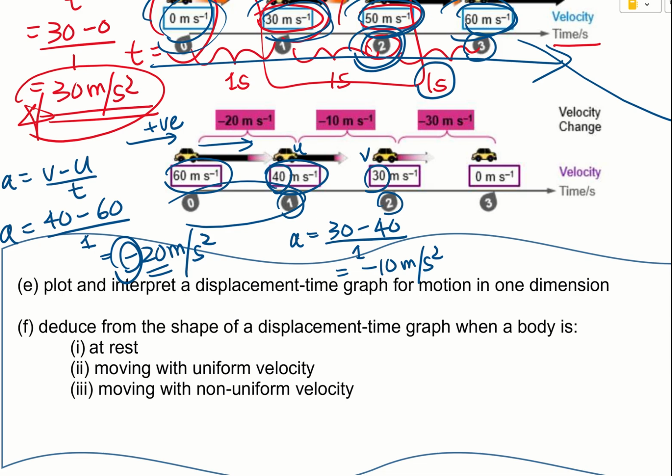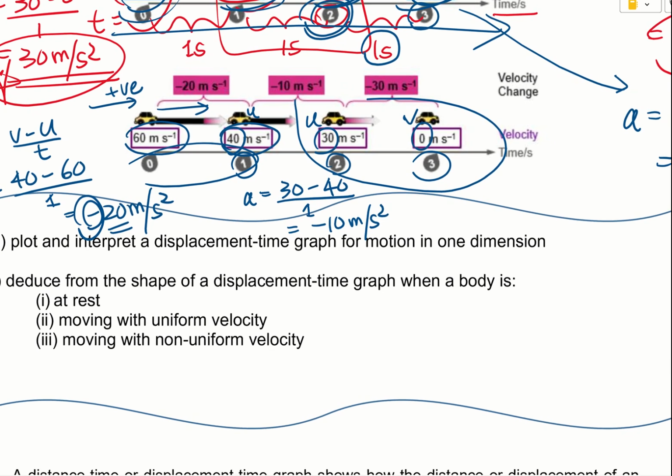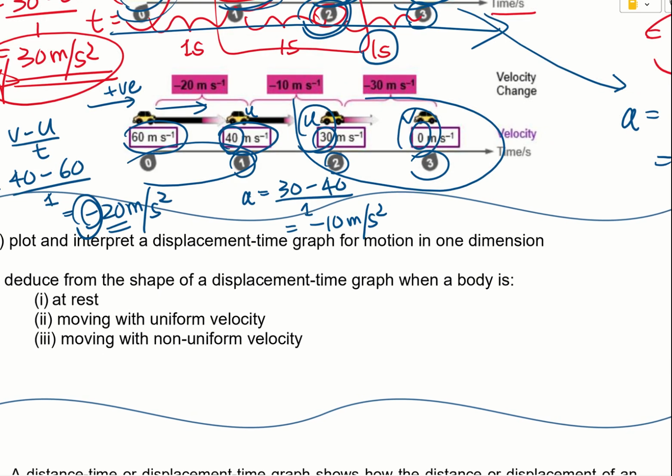So let's examine the final part. From the second to the third second, right? It went from 30, so now this is no longer V, this is my U, this is my V, because now I'm taking this to examine. So we have the initial of 30, the final of 0.